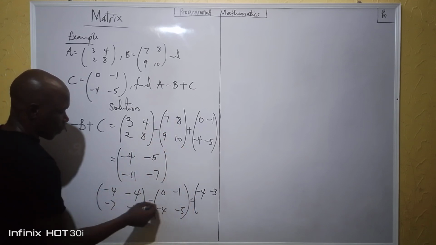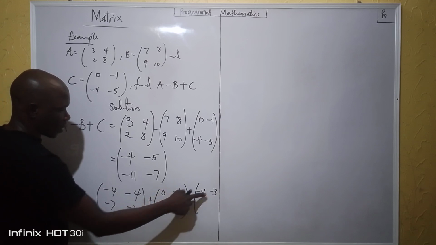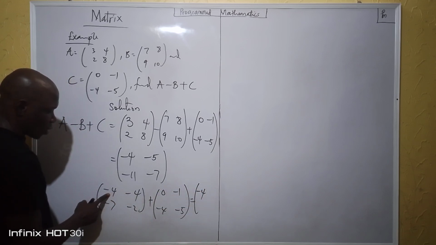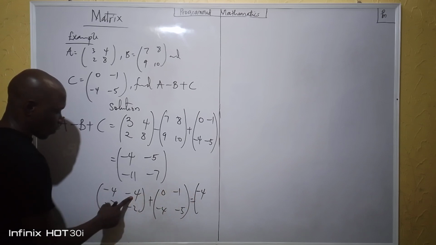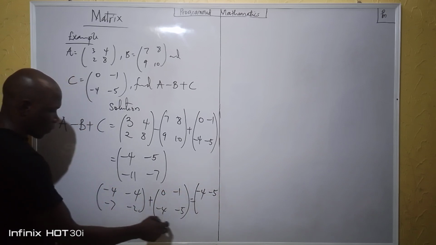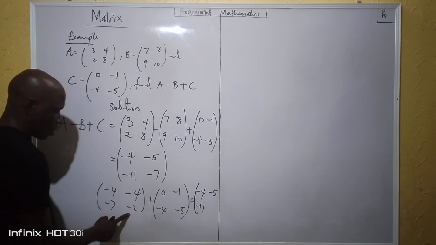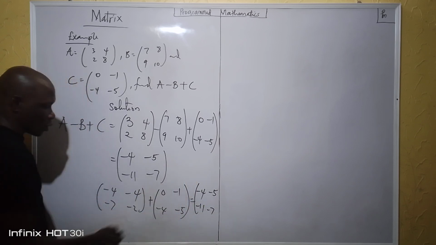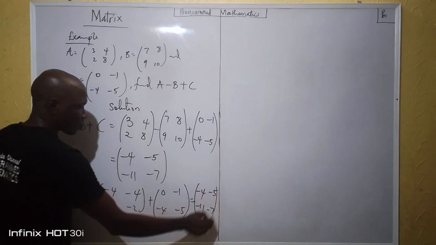Sorry, this should be plus here, not minus. So minus 4 plus 0 is minus 4. Minus 4 plus minus 1 is minus 5. Minus 7 plus minus 4 is minus 11. Minus 2 plus minus 5 is minus 7. So the two of them will still give you the same result.